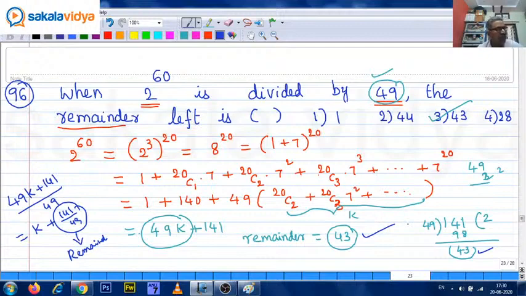Tomorrow which chapter shall I start? That I will, now only I will give the notification. Come on, your choice. Not 97, the question is over, completed. It's enough. Conics, okay, parabola.